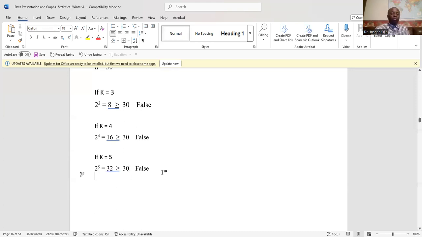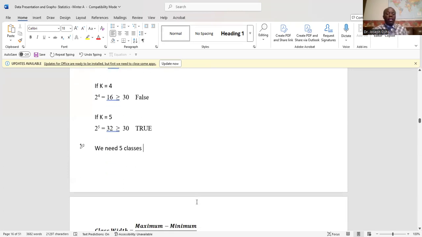So this is the correct one. This is true. That means we're going to use 5 classes. So we can now begin to construct our frequency distribution.